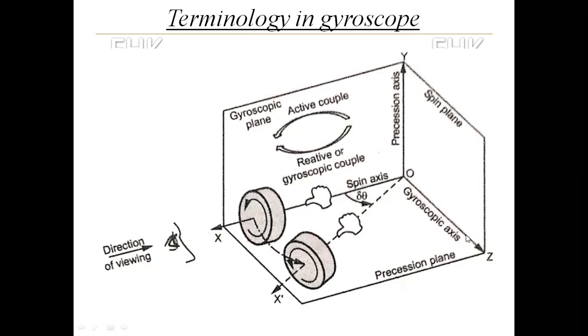That means the complete rotor is rotating about the OY axis, and from the top view you see that OY axis as a point. So the precession axis you can see as a point in the precession plane. The spin axis you can see as a point in the spin plane. These two planes are perpendicular to each other.